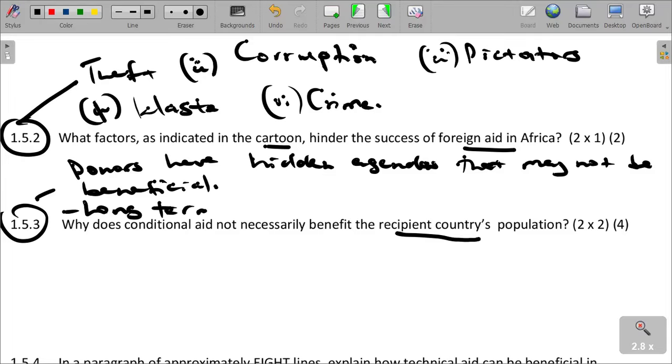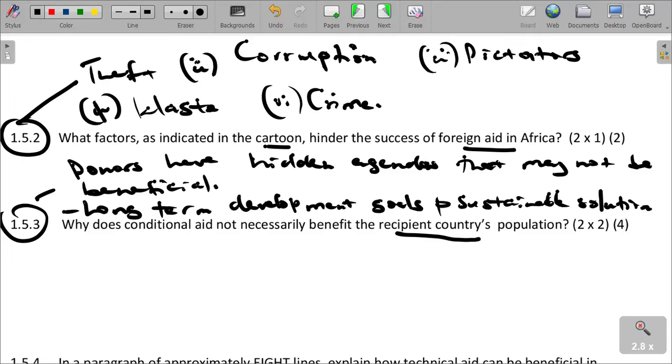The long-term development goals and the sustainable solutions can be neglected.